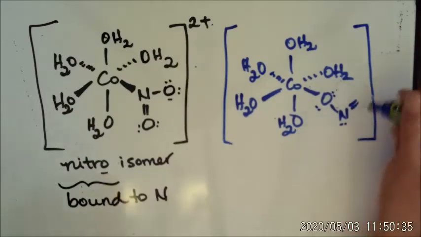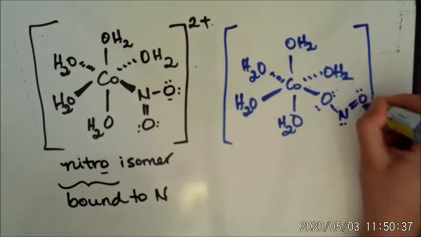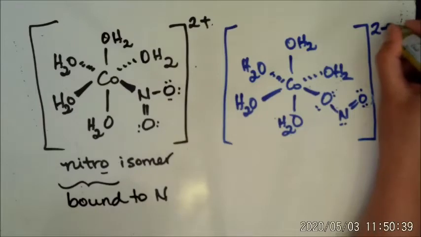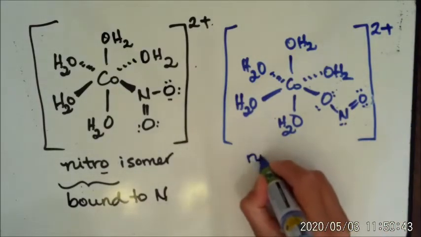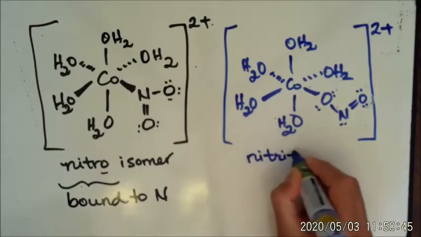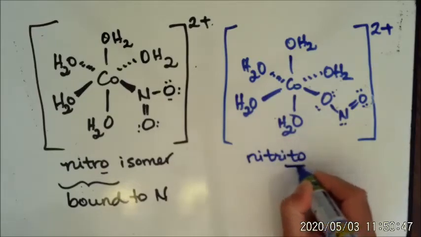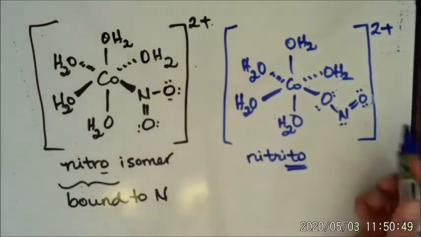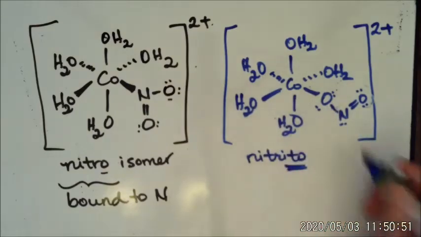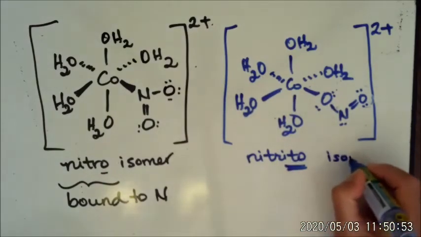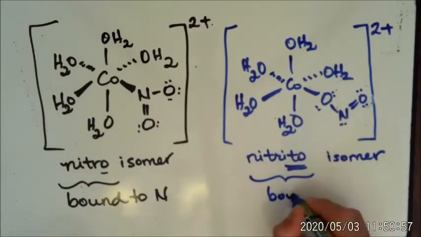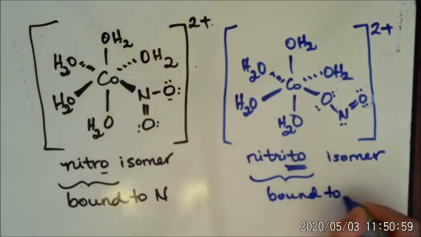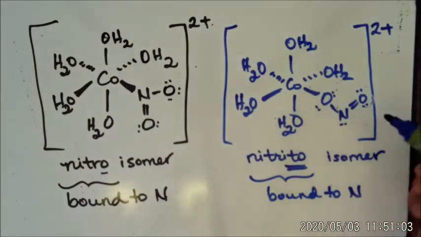Because it's bound to the oxygen instead of nitro, we say nitrito. So we change the ending to indicate it's bound to the oxygen versus bound to the nitrogen. This is a linkage isomer.